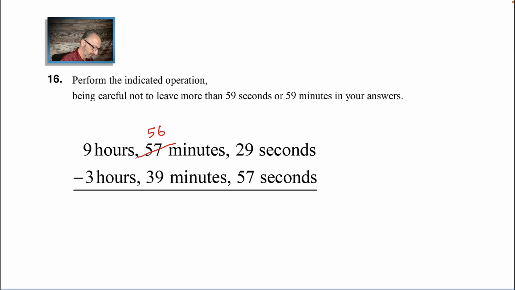So when you borrow 1 minute, that is written as 60 seconds on top of 29 seconds, which means now what do I have? 29 plus 60 is 89. So we're going to have 89 seconds.